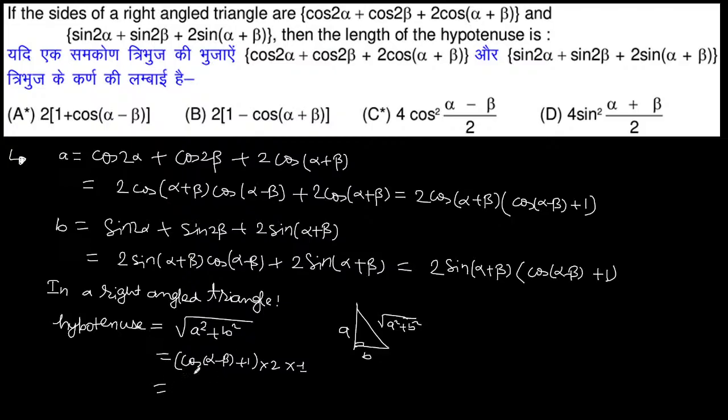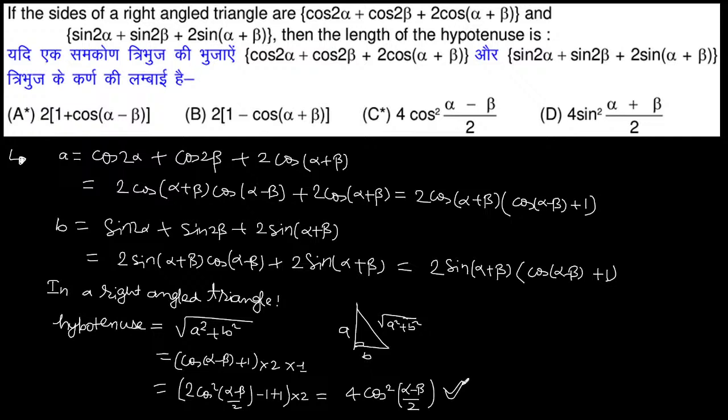So by half angle it is 2 cos square alpha minus beta by 2 minus 1 plus 1, into 2. This is 4 cos square alpha minus beta by 2. So answer C is correct.